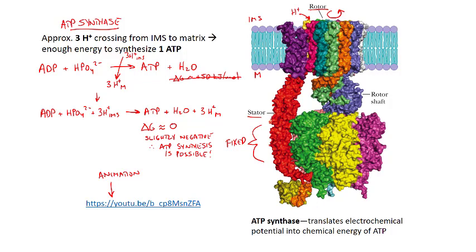And then after it rotates one full revolution, the protons come out at the bottom. And so while this whole rotor shaft is rotating, it's squishing together ADP and phosphate inside the stator part down at the bottom, and we squeeze out ATP as a product.